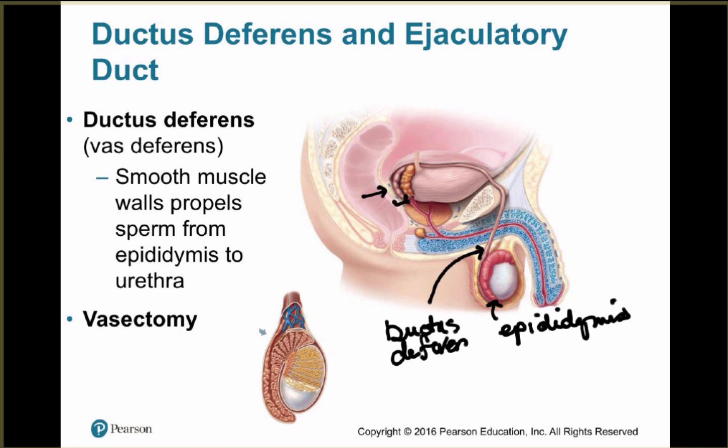Do you see that thing right there? That's what's known as an ampulla. This ampulla will allow it to open and get bigger a little bit there. Now from there, it's going to go into this area right here, which is known as the ejaculatory duct.